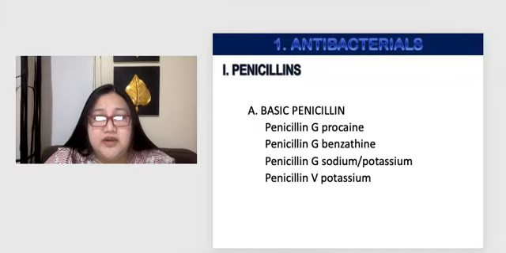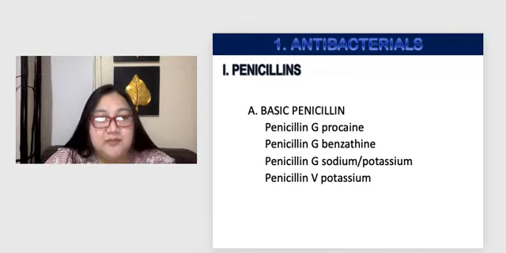Now, si oral penicillin, it has a poor absorption. Okay? Kaya nga naaalala nyo noon, di ba, nung first discussion natin, si penicillin sodium and penicillin potassium. Kaya siya dinagdagan ng sodium and potassium for better absorption. Because oral penicillin is poorly absorbed in the GI tract. In fact, only 1/3 of it reaches the circulation.